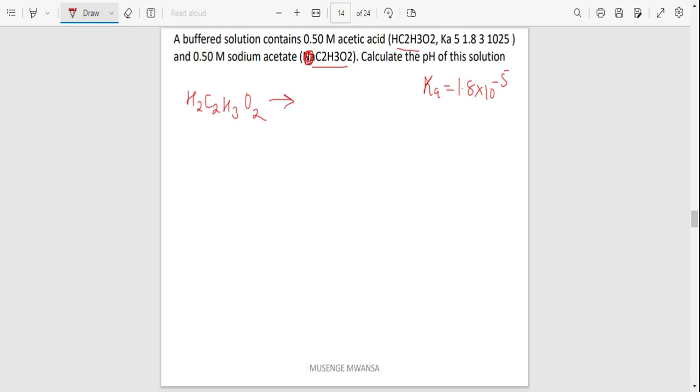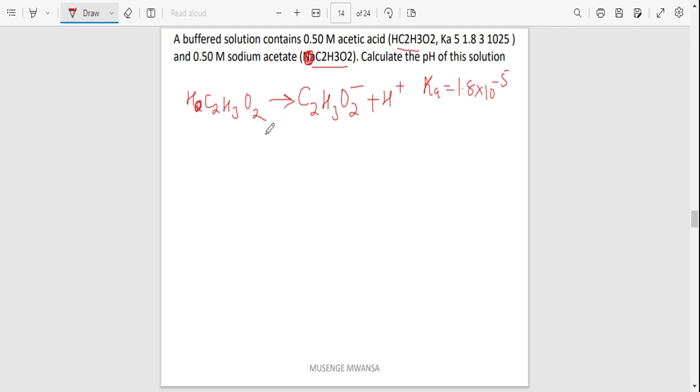We are forming that conjugate base that we are able to see. So this is just HC2H3O2, not H2. The hydrogen is going to leave, so we're just going to have C2H3O2, which will remain with a minus sign, and then also a hydrogen ion here.